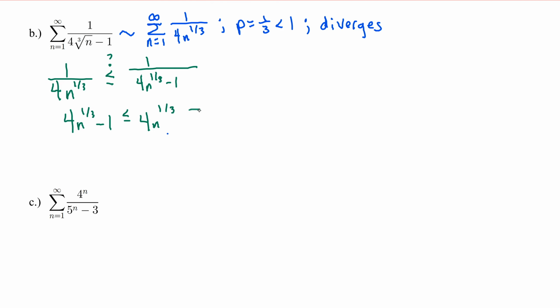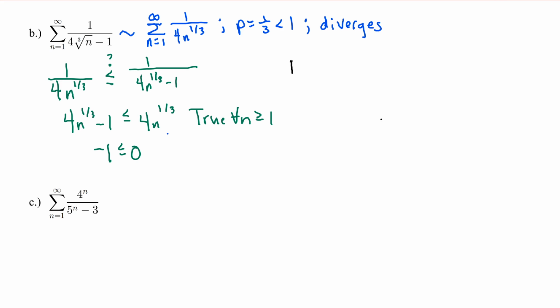This is obviously true for all n, and in particular n greater than or equal to 1, because if I have a number subtracting 1, it's going to be smaller than that number. But if we wanted to go ahead and prove it beyond the shadow of a doubt, we would simply subtract 4n to the 1/3 from both sides, and we end up with a statement that is always true.